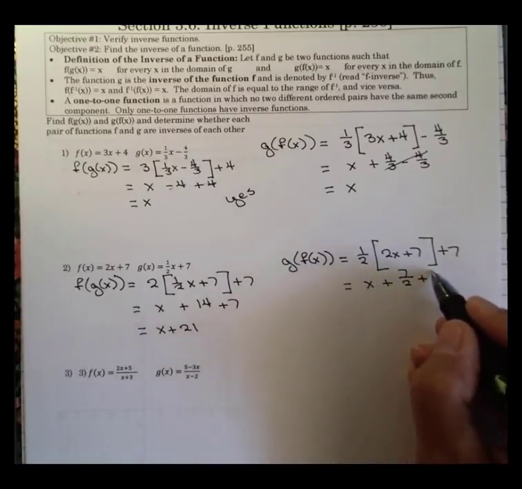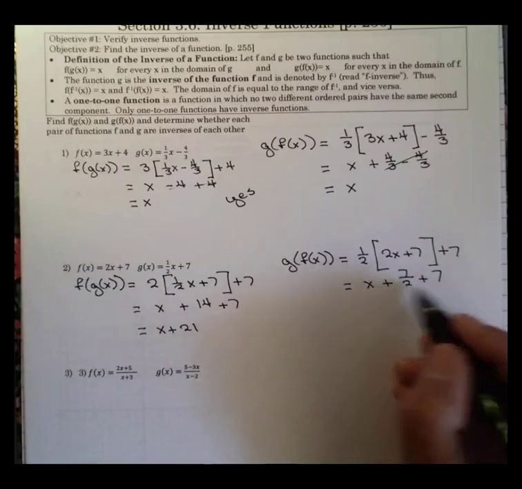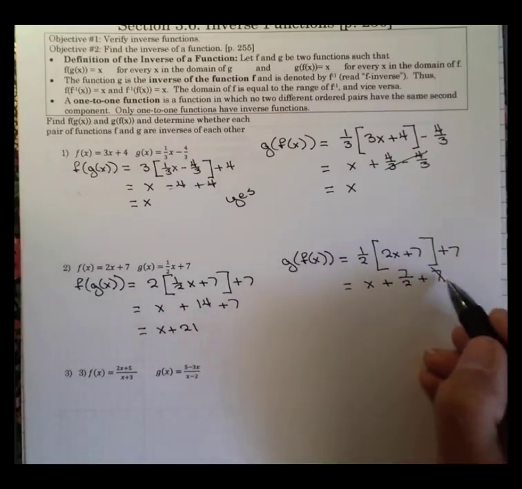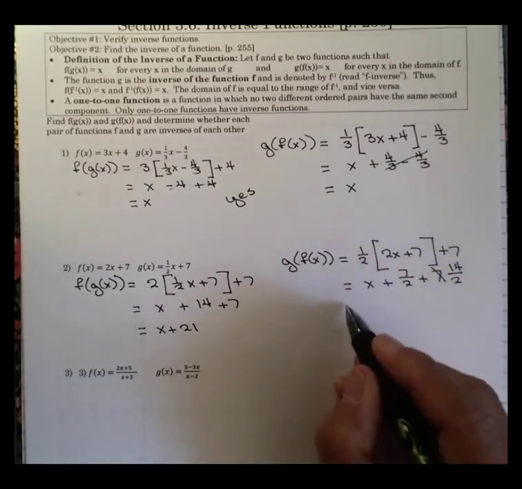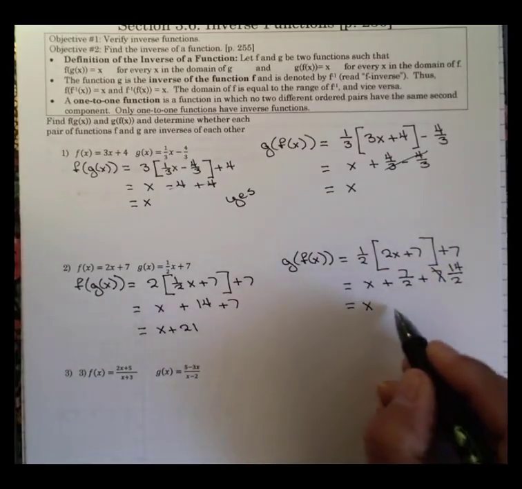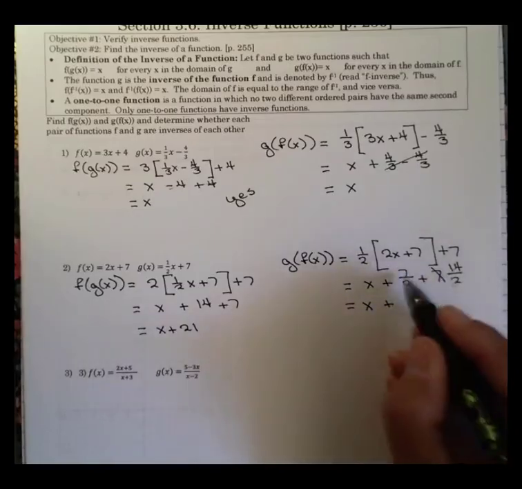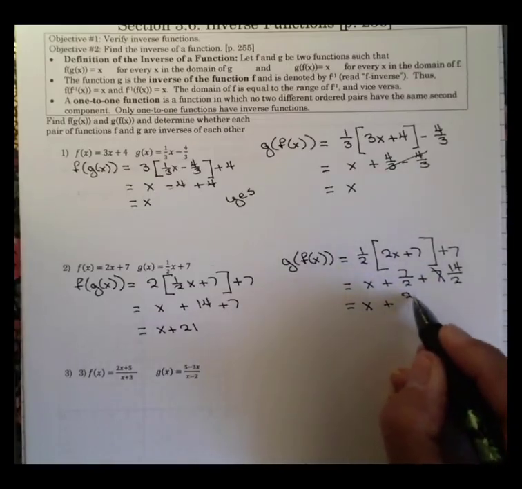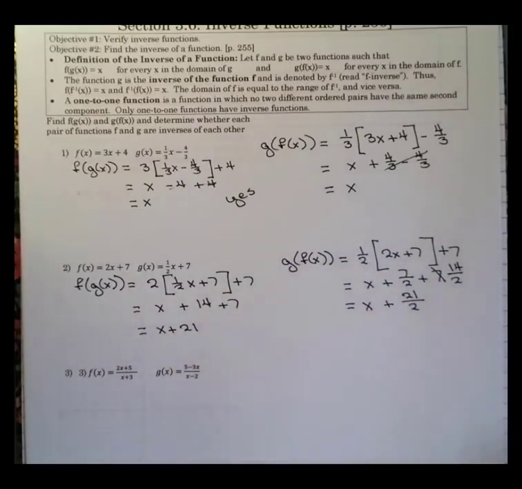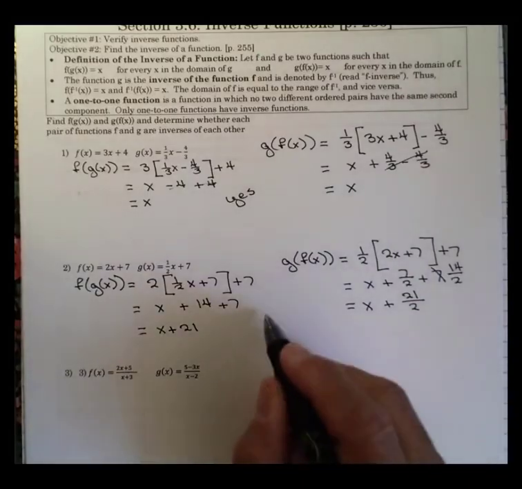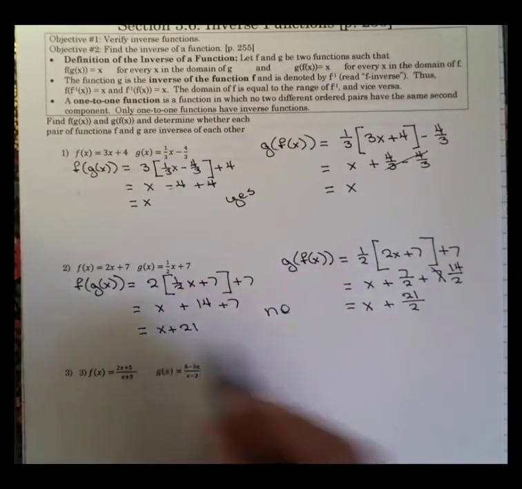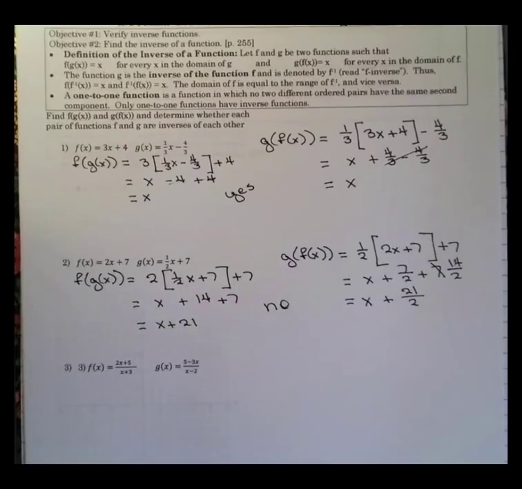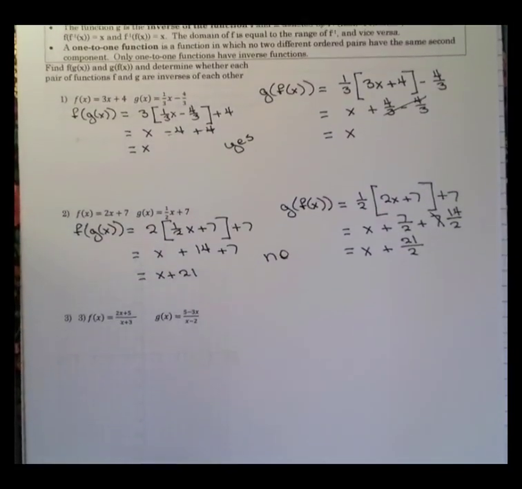Plus 7. Well, I want to add these halves together, so I'm going to change my 7 into something over 2. 14/2 would be the same as 7. Then I can add them together. I'm just doing this so you'll have a little practice at it. 7 plus 14 is going to be 21. So that's 21/2. It's not even the same as the other. They didn't both come out equal to x, so they are not inverses of each other.